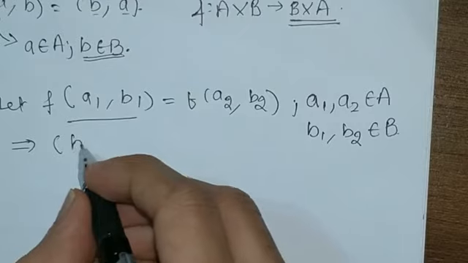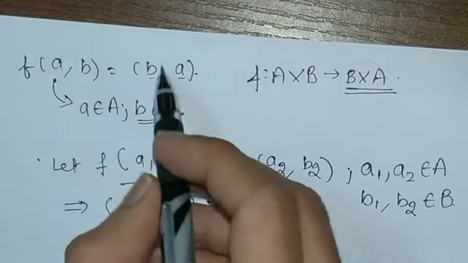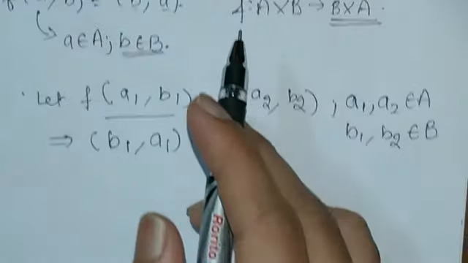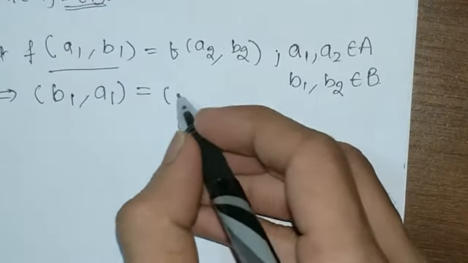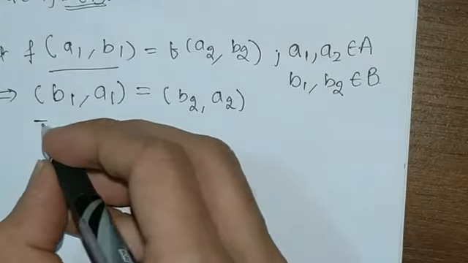So here it will be (b1, a1). The elements are interchanged. So you will get (b2, a2).